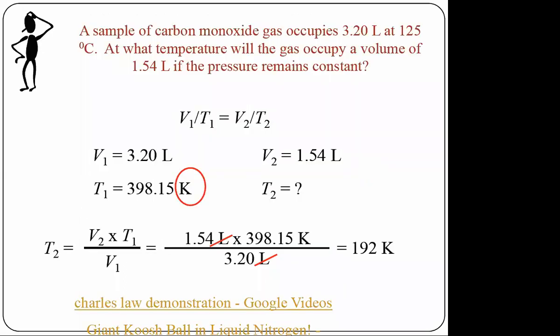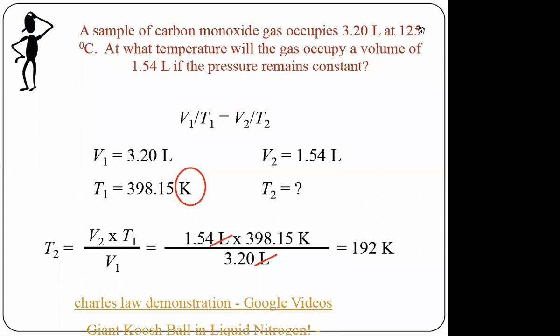Now, this is an exercise for us to try our hands on. We want to use a gas law, particularly Charles' law, to determine an unknown. You are given a sample of carbon monoxide that occupies a volume of 3.2 liters. This will be our V1, at 125 degrees Celsius.